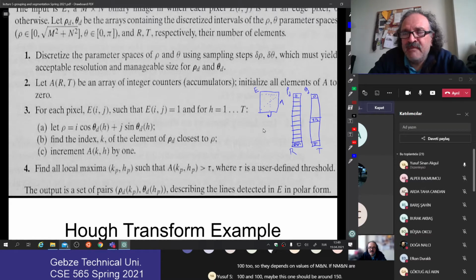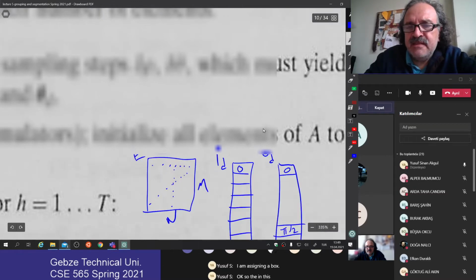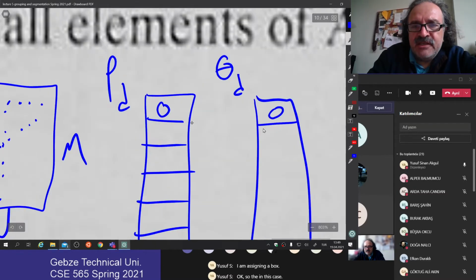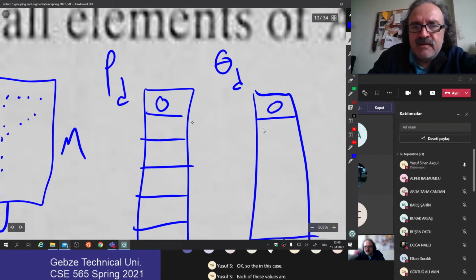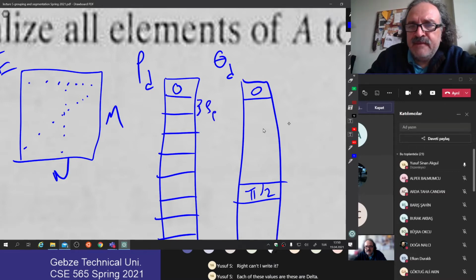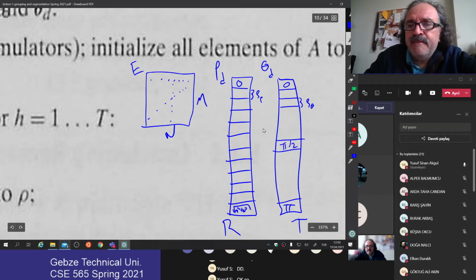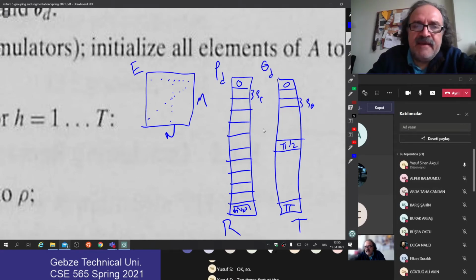So for each pixel, I am assigning a box. Each of these values are delta rho, and this is delta theta. So t times delta theta is pi.